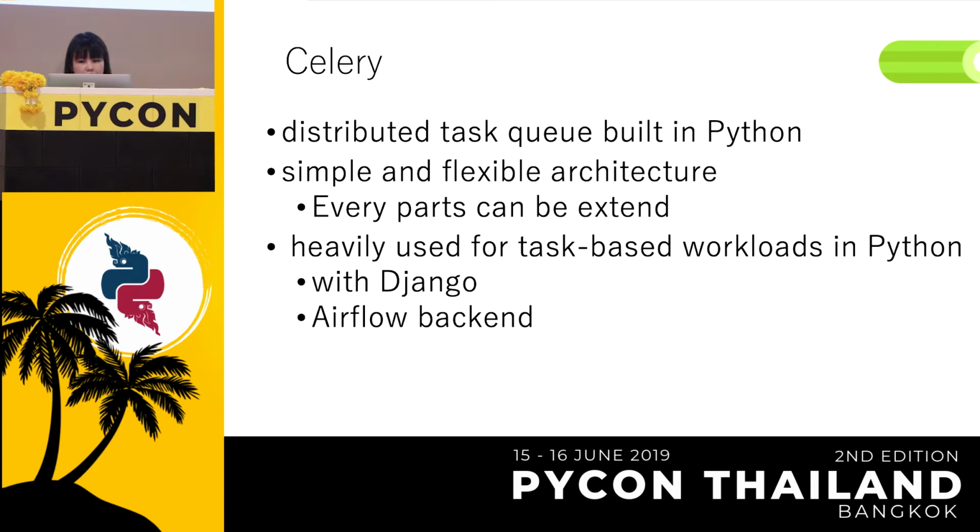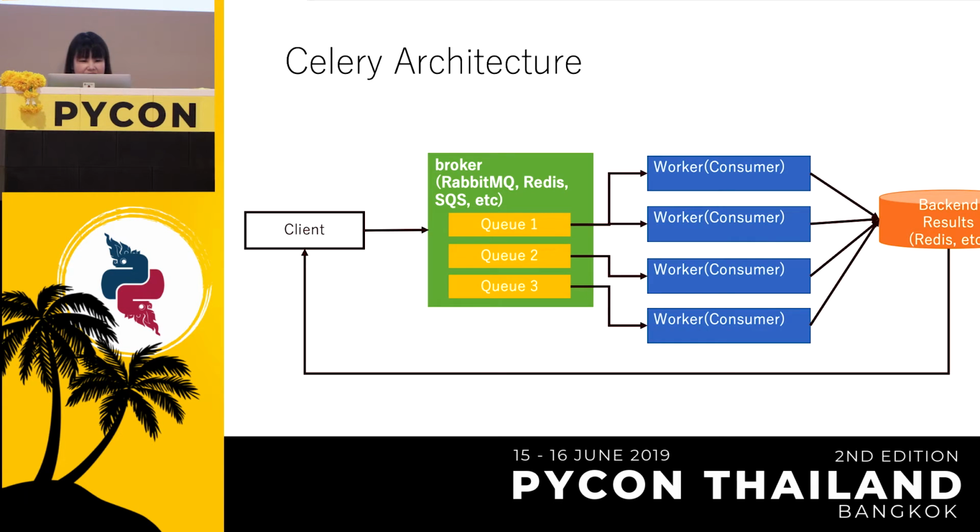It has four components, but we can extend them. For example, we can change the broker product from RabbitMQ to Redis, SQS, or other products. The other components are the same.